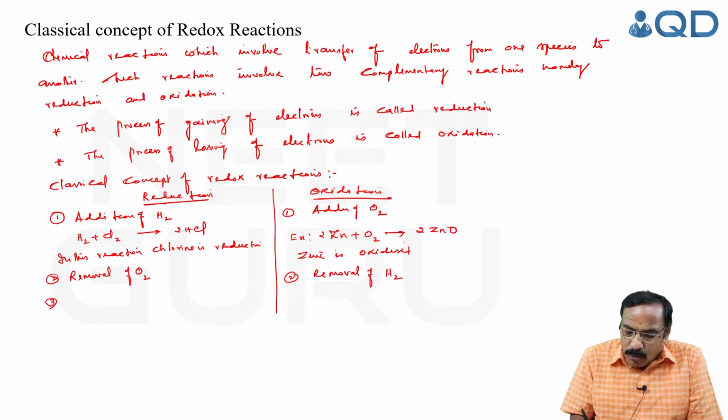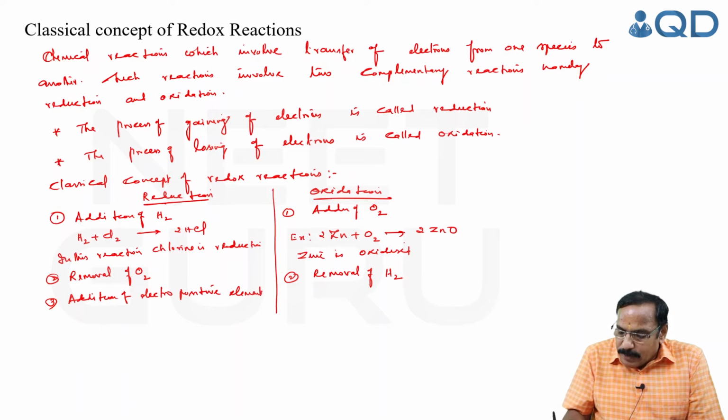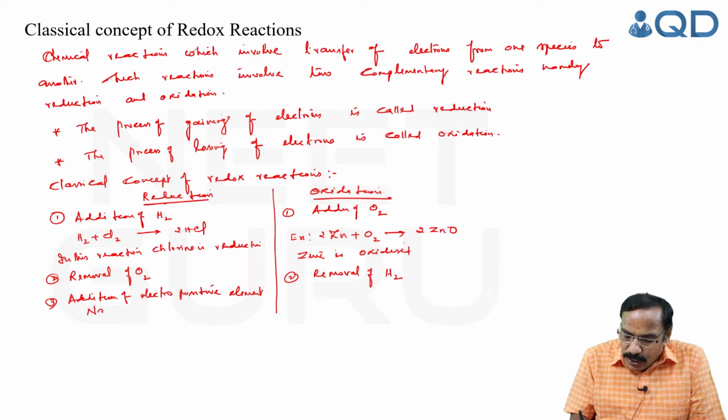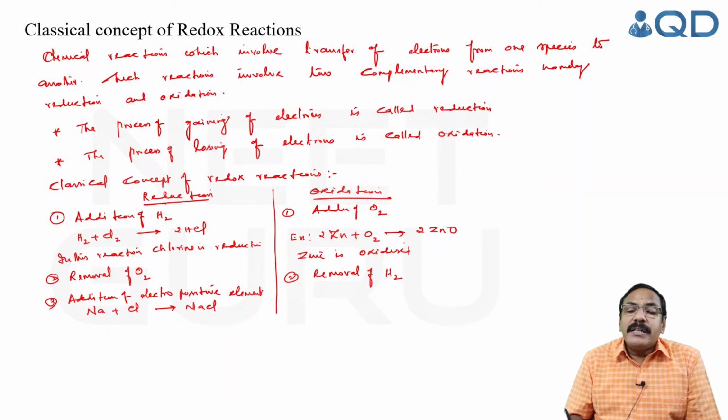Again, you have one more: addition of electropositive element is reduction. For example, when sodium is added to chlorine to form sodium chloride, chlorine is reduced.